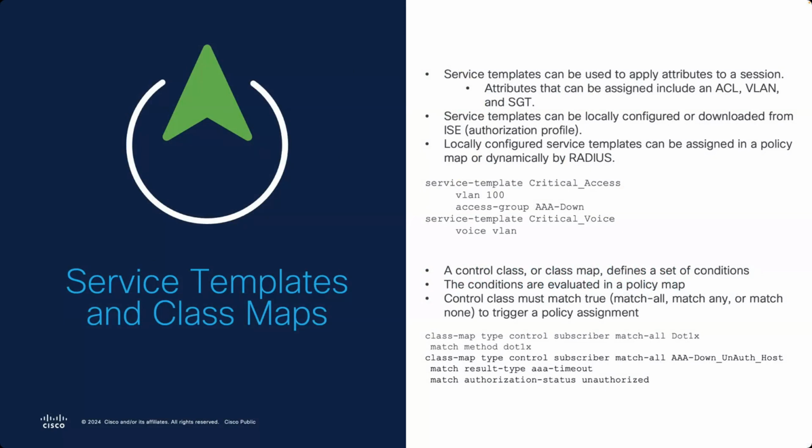I'm going to assign VLAN 100 and an access group, which is an ACL named AAA-down. So that AAA-down is an ACL I have configured on my switch to limit what access they have if somebody is assigned critical access. And then as far as the voice, if we want to assign the service template critical voice, assign the voice VLAN.